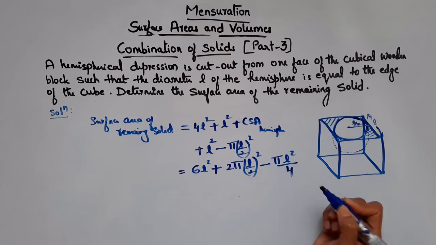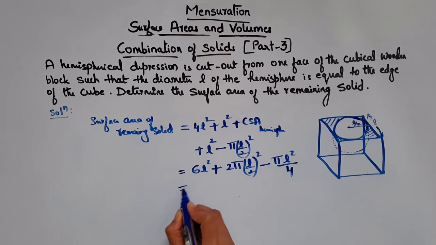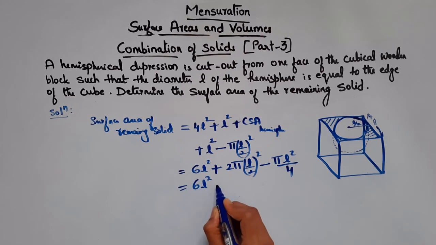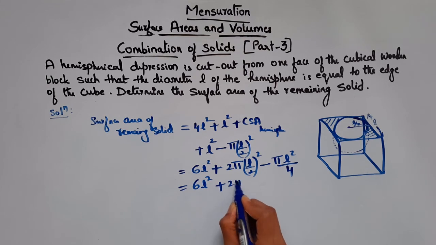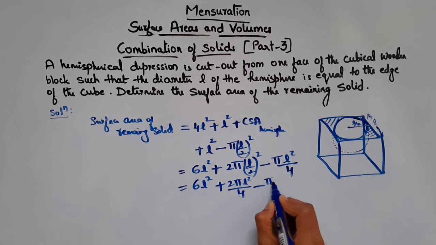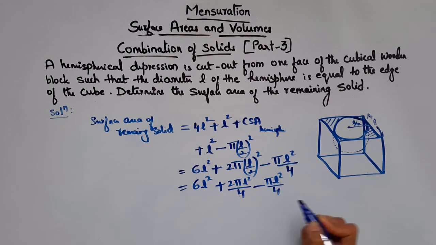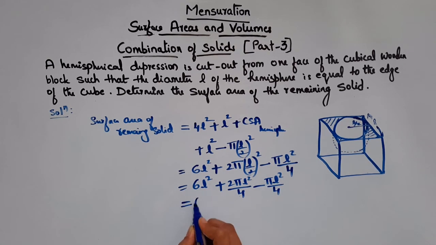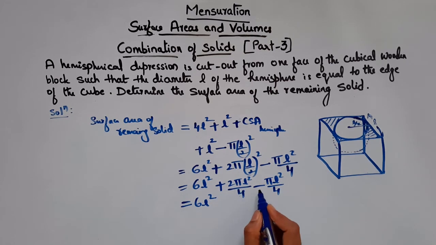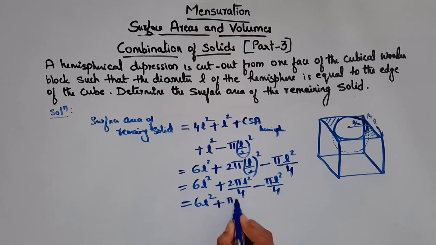2 square is 4. Which is equal to 6L square plus 2 pi L square by 4 minus pi L square by 4. That will give you plus 1 pi L square by 4, right?